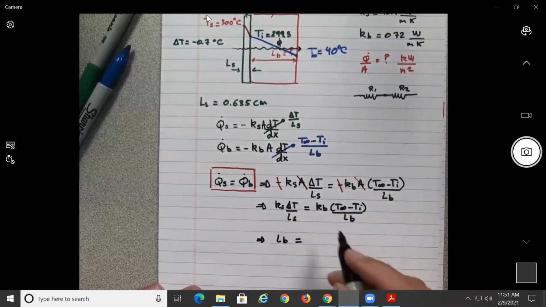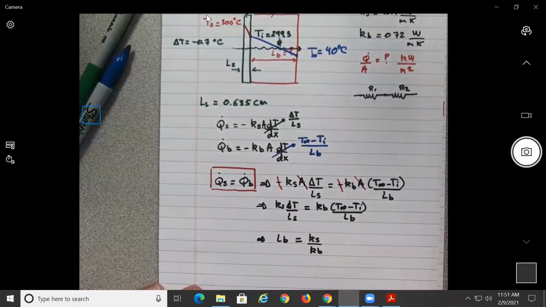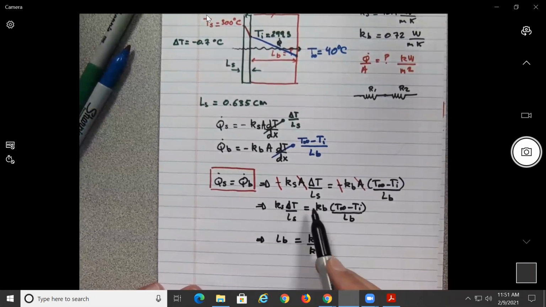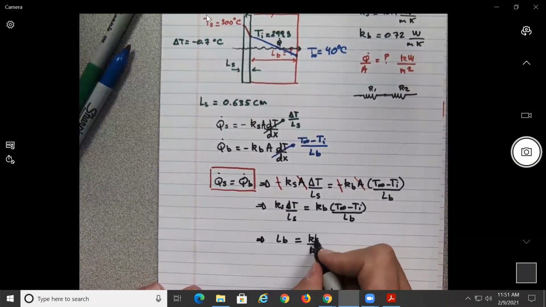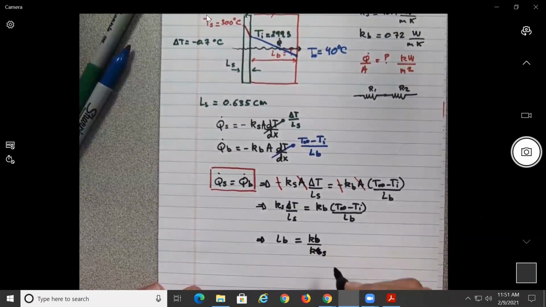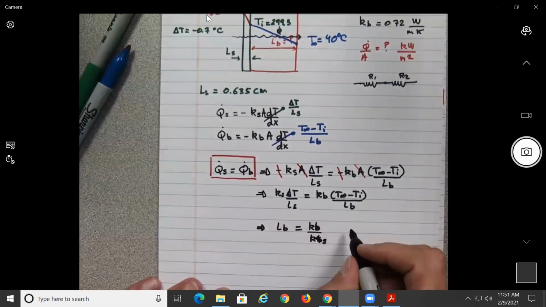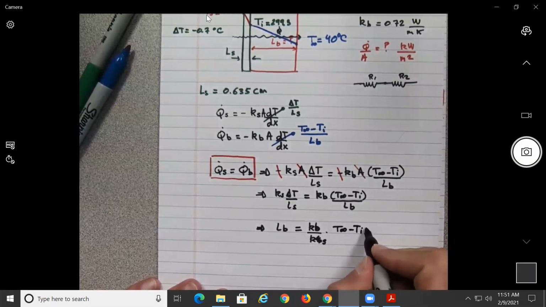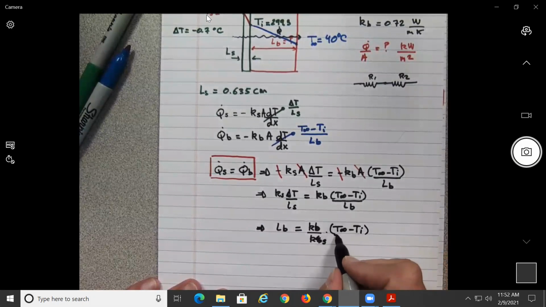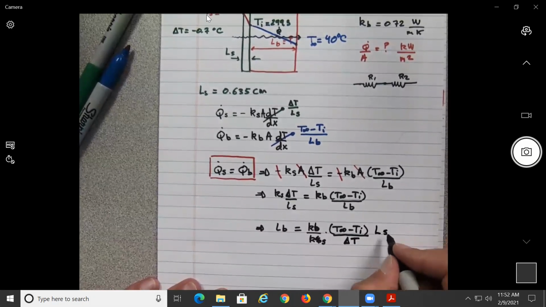LB should be equal to... No, LB will be KB over K sub S, sorry. Then we'll have T infinity minus T initial, divided by the delta T times L sub S.